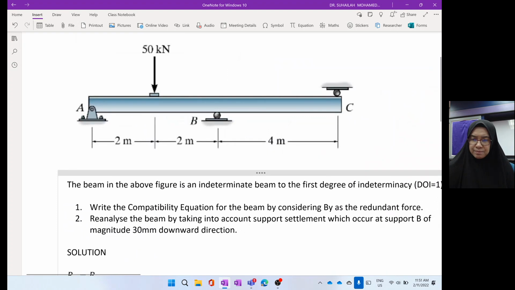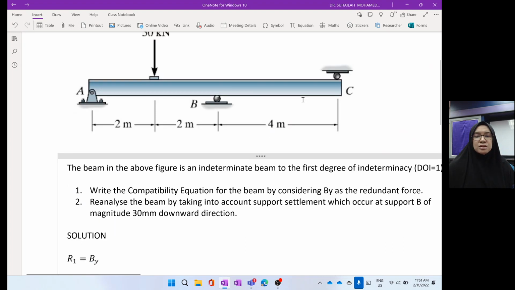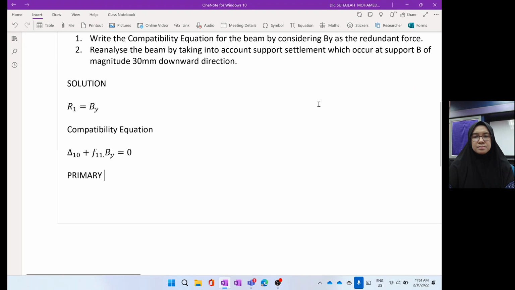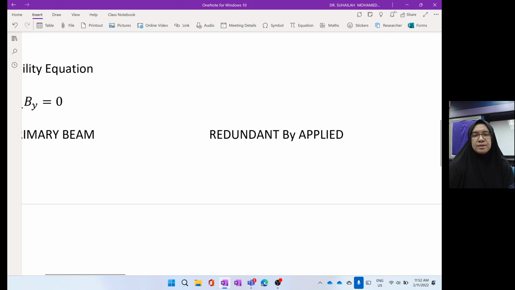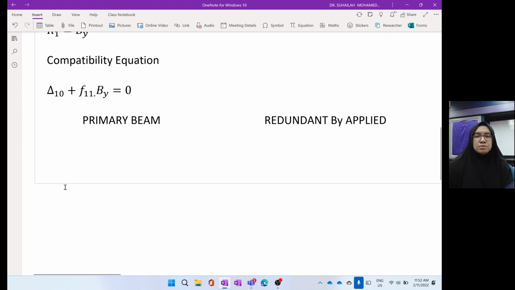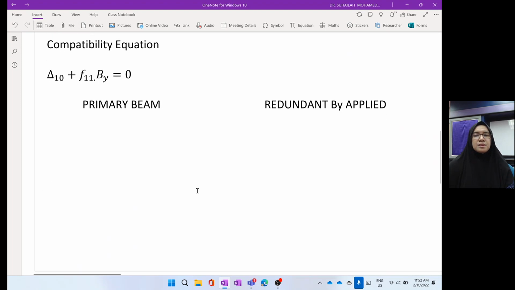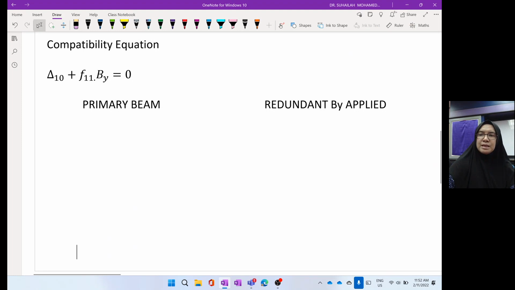We will have the beam with support B removed, so we have the primary beam and the redundant beam, where redundant BY is applied. With one redundant, we have two systems. With two redundants, we have three systems. Now draw the beam.